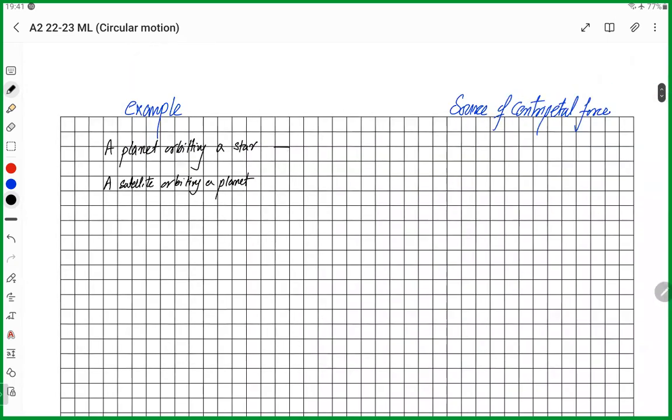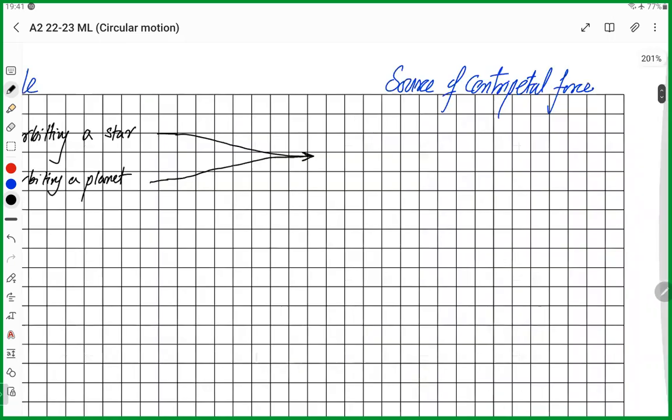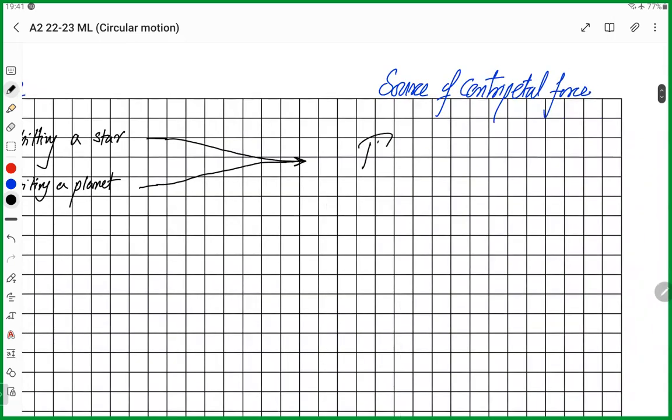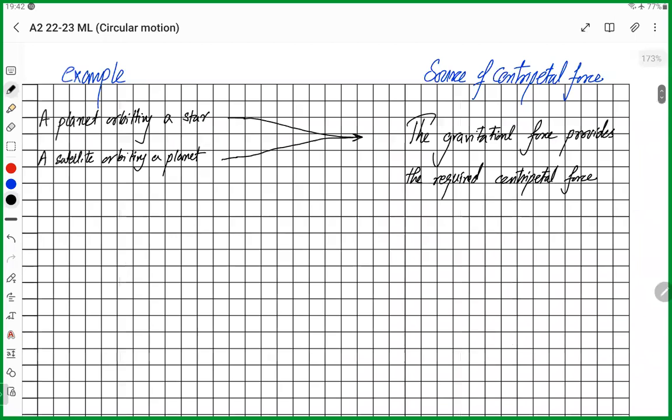What will be the source of centripetal force in these cases? The gravitational force provides the required centripetal force.